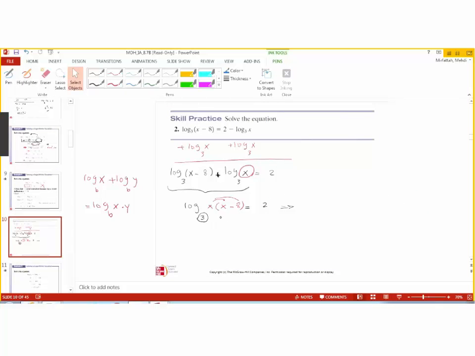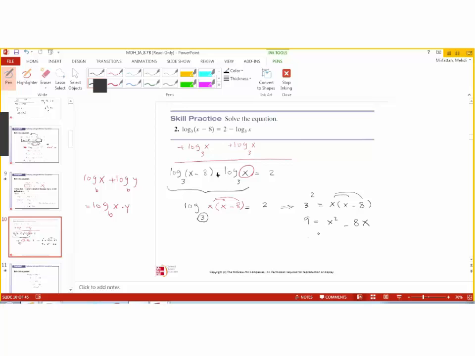How do you convert this into exponential? 3 to the power of 2. Right. 3 to the power of 2 is equal to what? The argument, x. So 9 is equal to x squared minus 8x.